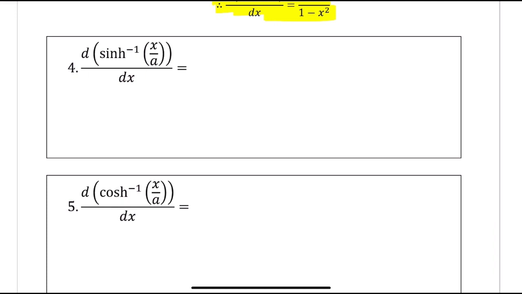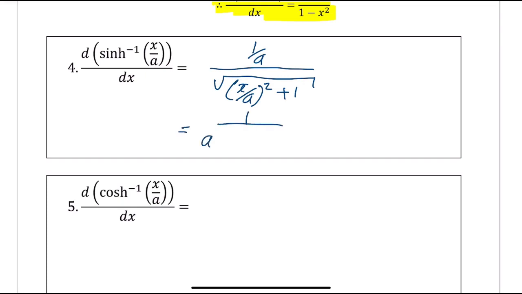So differentiate the inverse hyperbolic sine, you will get 1 over the square root of, remember our angle bit is x over a, squared, then plus 1, and there's a 1 over a on the top. So you can put that a onto the bottom line, so it's a times the square root of x squared over a squared plus 1.